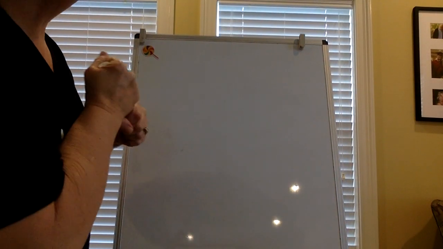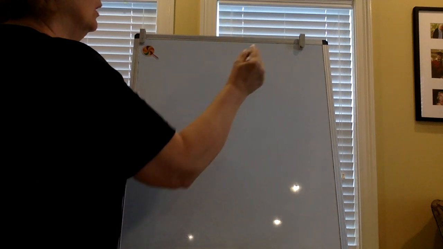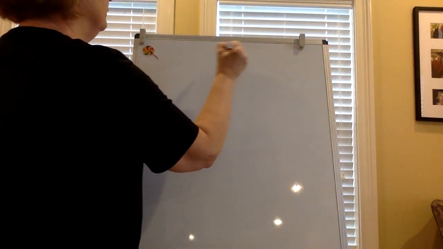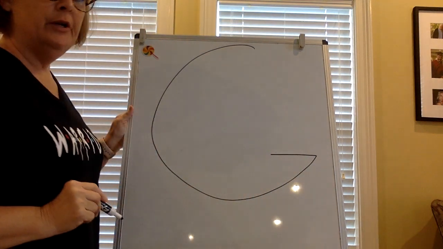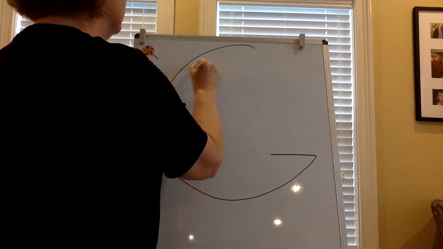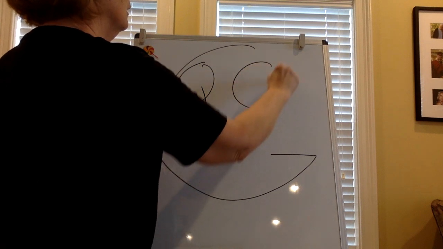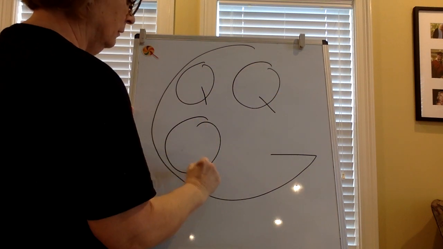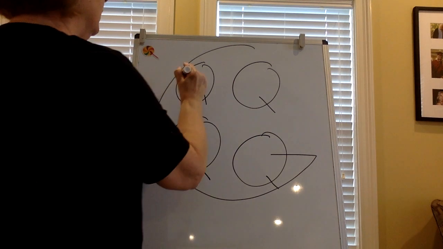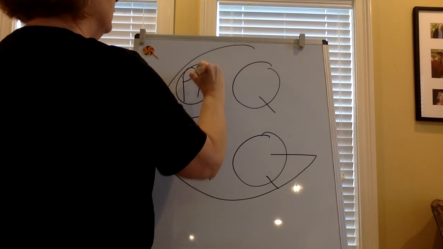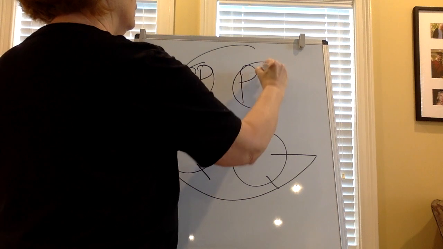Oh, if I can get my marker. Once upon a time, in the land of gallon, there lived 4 queens. And each queen had a prince and a princess.